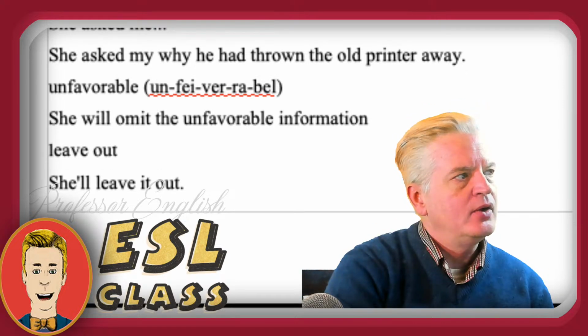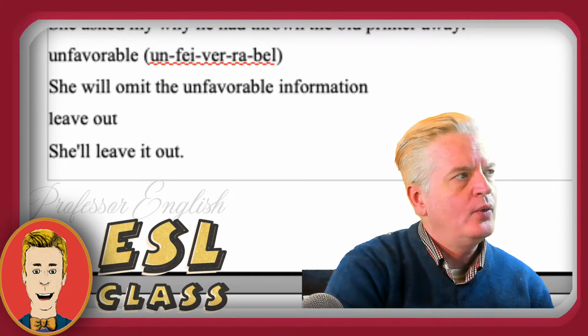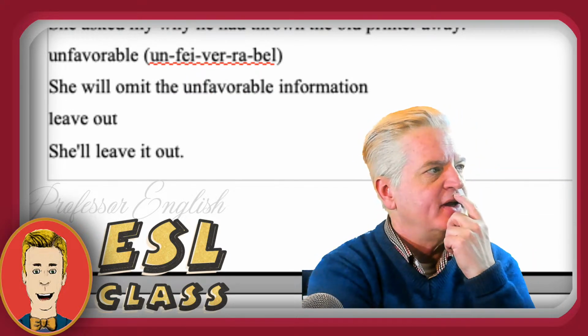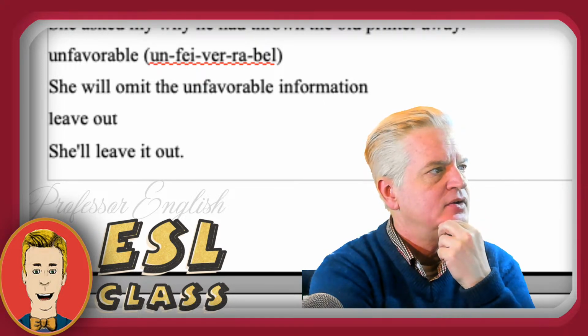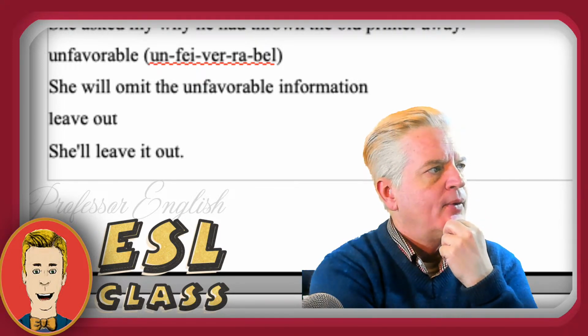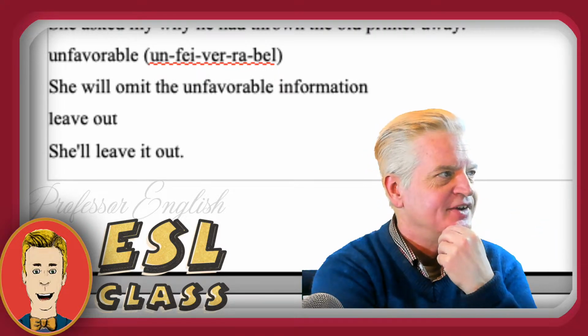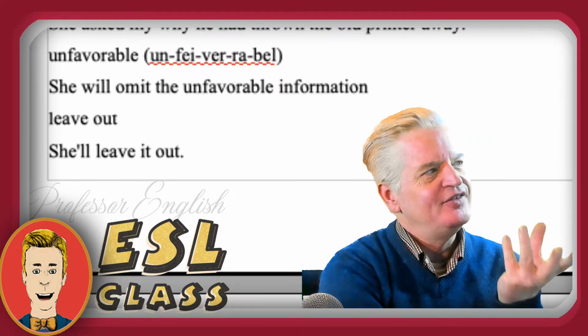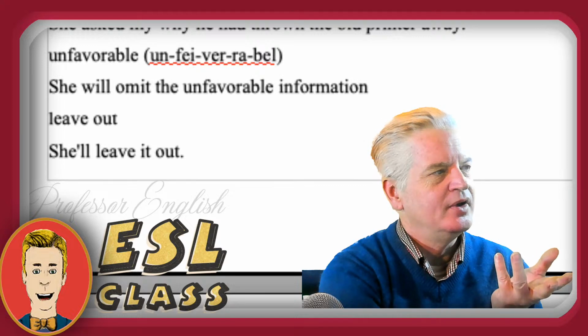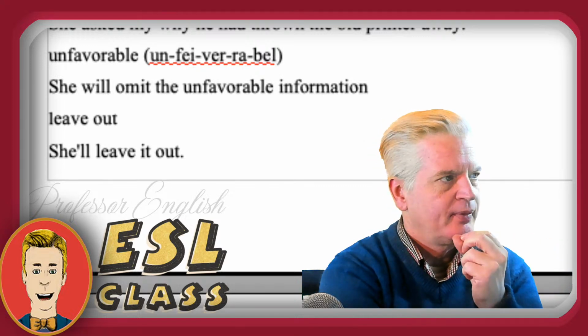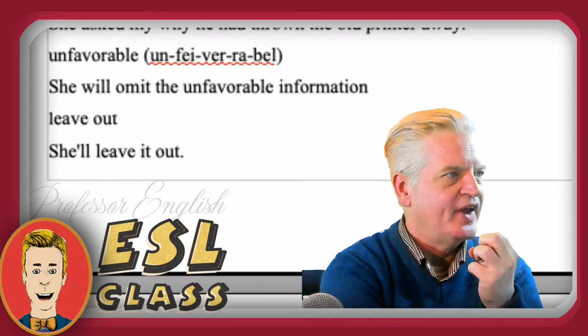All right. Let's move on to our next sentence. For some reason, I guess I don't remember what happened here, but there must have been a difficulty in pronouncing the word unfavorable. So let's just go through that very quickly.